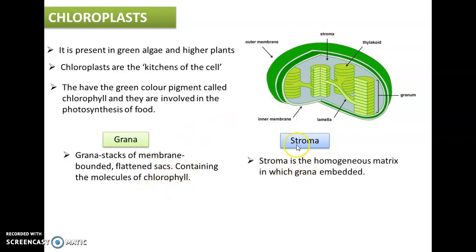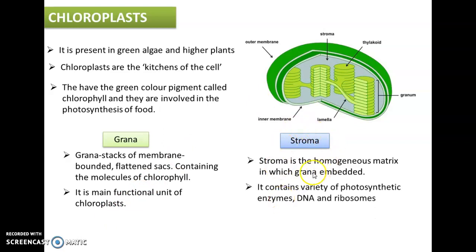And on the other hand, what is stroma? Stroma is a homogeneous matrix in which the grana are embedded. You can see here the background is stroma and the embedded part is called grana. It is the main functional unit of the chloroplast, or we can say it is a site where photosynthesis occurs.